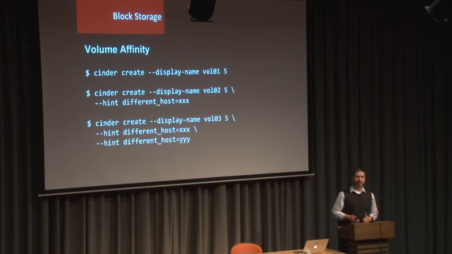You create a block storage volume, then create a second one and say, don't put this on the same server as the last one. Since we have 3 block storage servers, you can do that for 3 different volumes, and then you can be sure that 2 of them can go away if you're mirroring on all 3. It's a pretty cool feature.